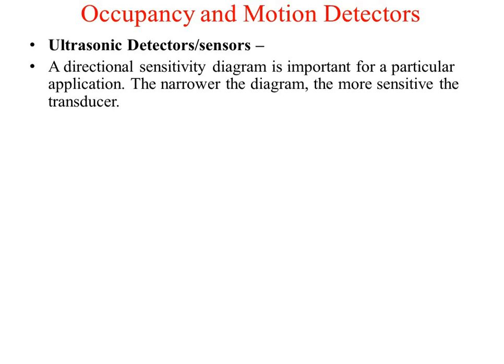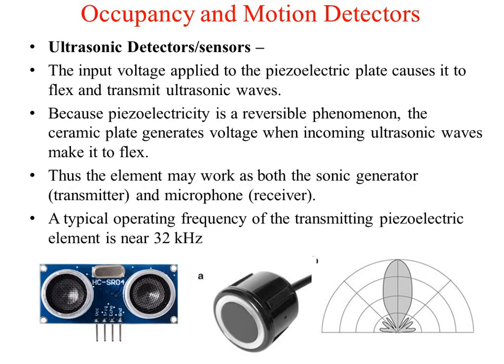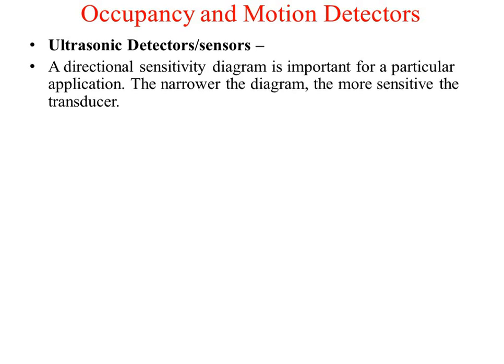The narrower the diagram, the more sensitive the transducer is. If I go to the previous one, I will show it. If we draw it more narrow like this, then the lobe becomes narrower, and such a sensor is much more sensitive compared to the previous sensor.